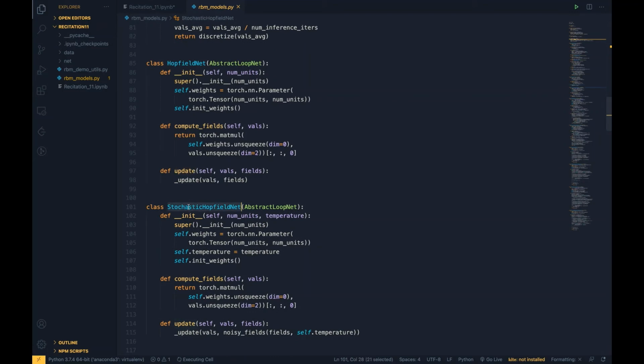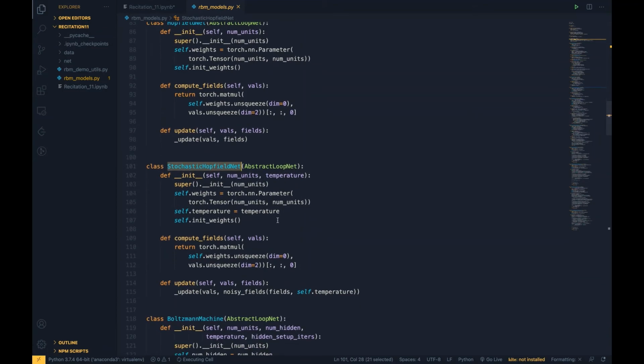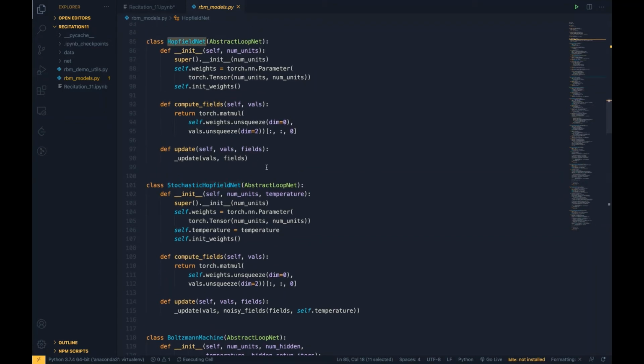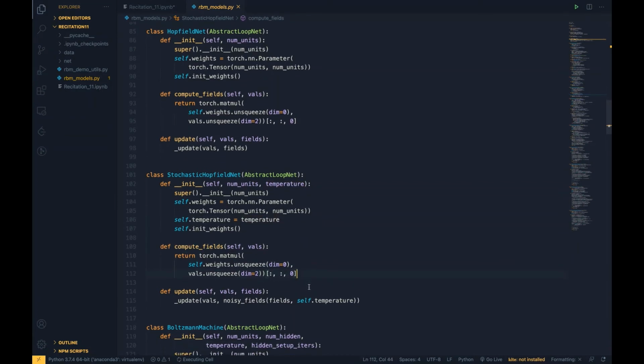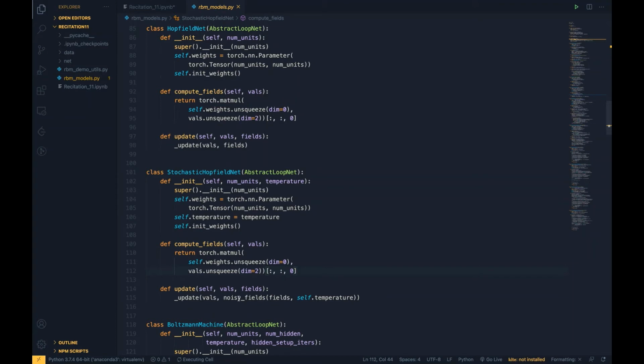And the stochastic Hopfield network is basically the same as the Hopfield network. They have the same init function. Since it's stochastic, it has a temperature. And the compute fields is the same. The update function is basically the same, but it passes the noisy field instead of the fields.